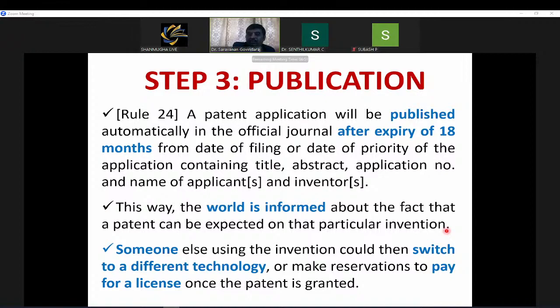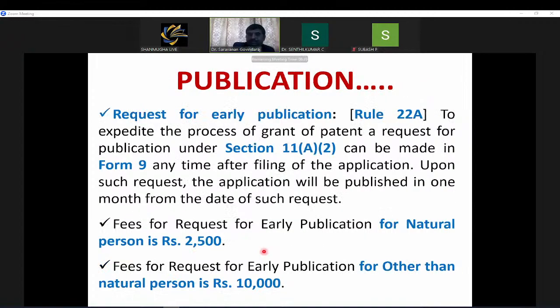Or if you want to publish immediately, through the Tatkal scheme you can use these publication steps very fast. That is request for early publication according to Rule 24A. For early publication, you need to pay 2,500 rupees.